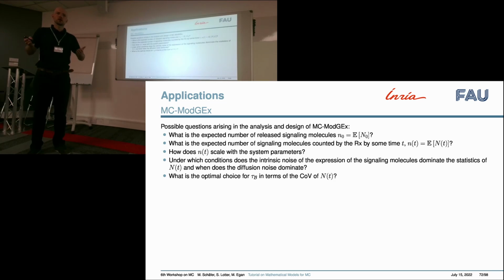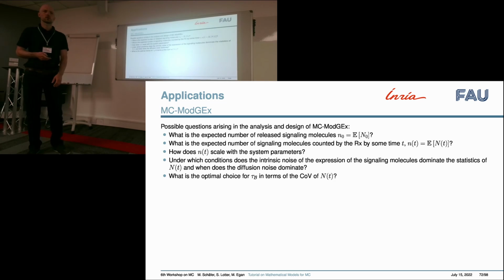I mean, we could ask many design questions, but this could possibly be one of them. So basically, how to choose this time instant tau b in some optimal way, the time at which the bacteria starts to release the signaling molecules.